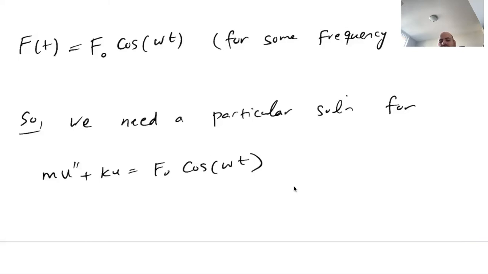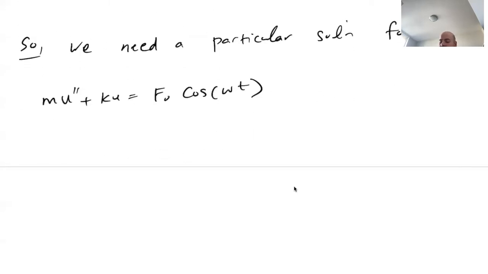Remember, we said before that if the function in the right-hand side appears in the table that we introduced for the undetermined coefficient method, then we can use that table to introduce a guess function as a solution. But if it does not appear in our table, then we have to use the other method that we learned, which was called variation of parameters.